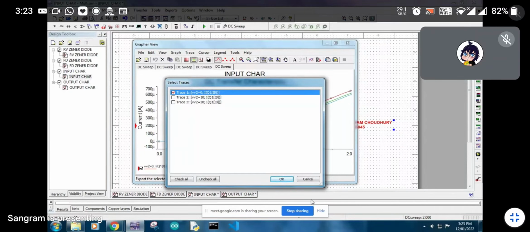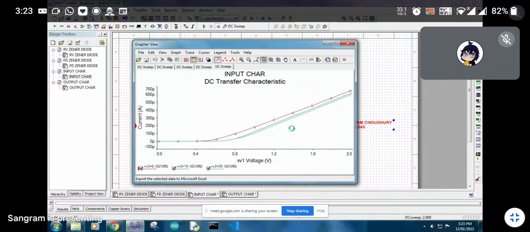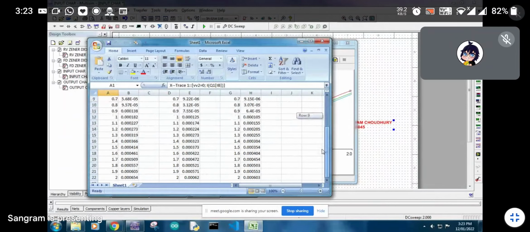Check all. Make it check all. Then you can do it. Listen, replace this X trace, Y trace with proper labeling, okay? X trace is nothing but your VCE, okay?